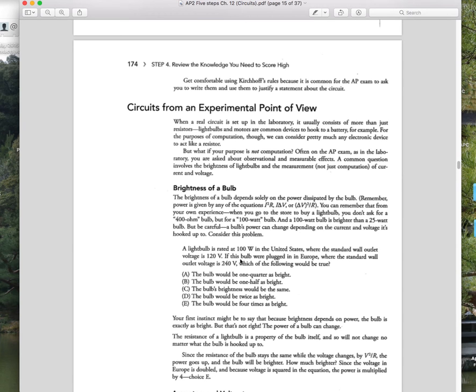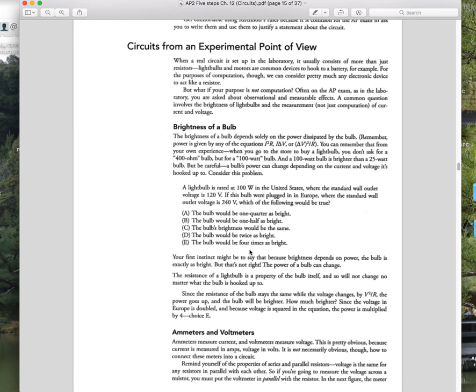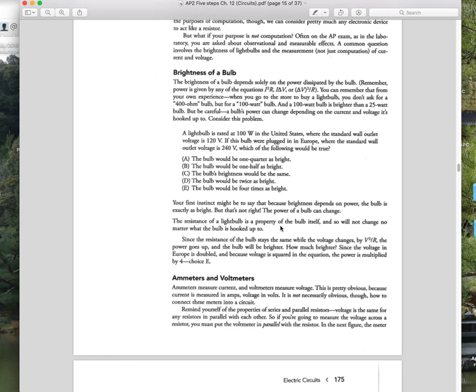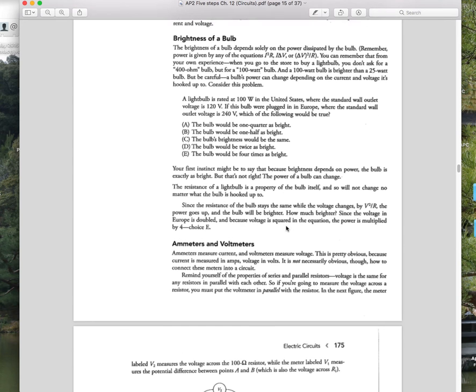So when bulbs are rated at a certain power, that's based on 120 volts. I think the thing with this is that rating is only for parallel circuits. So big idea, resistance of the bulb is the property of the bulb itself.